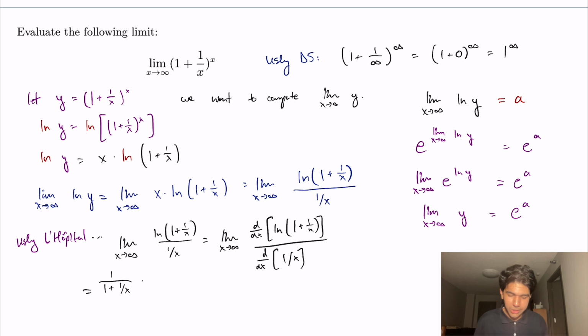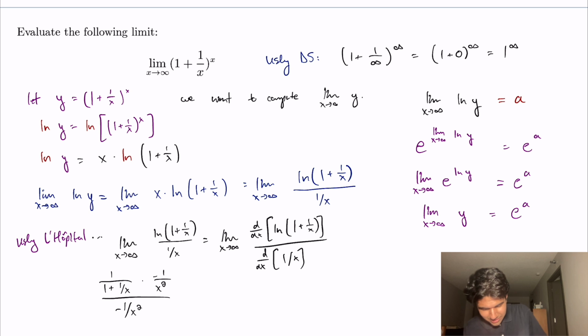The derivative of 1 is 0, and the derivative of 1 over x is the derivative of x to the negative 1 power. Using the power rule, you get negative 1 over x squared. In the denominator, we're taking the derivative of 1 over x again, which we just said is negative 1 over x squared. And remember, this is equal to the limit as x approaches infinity.